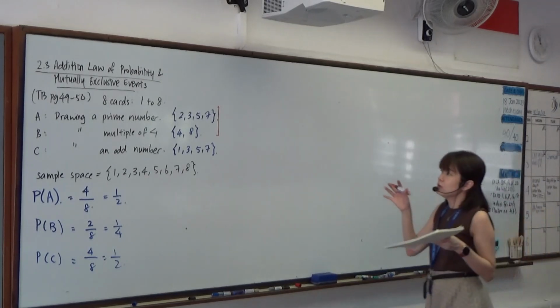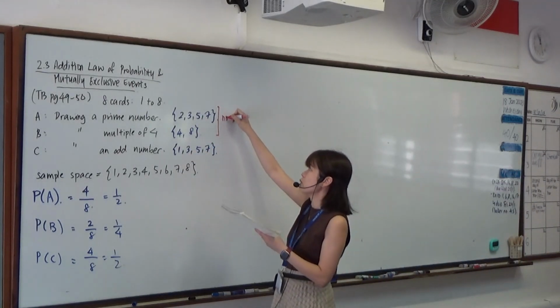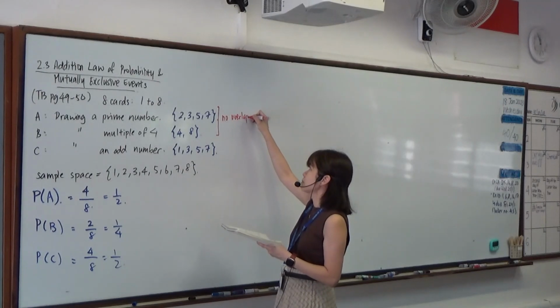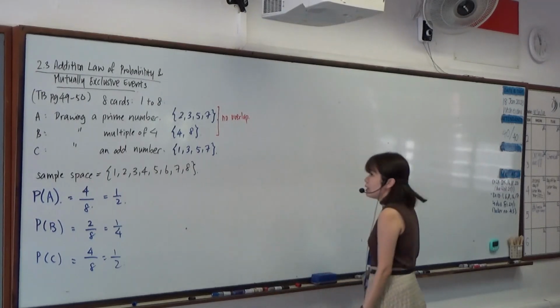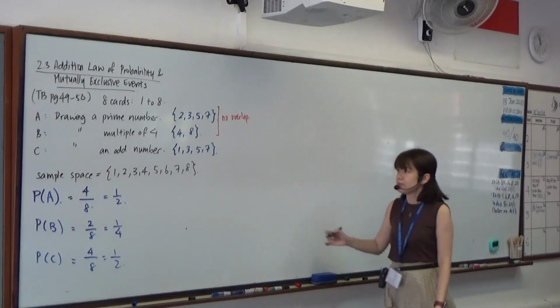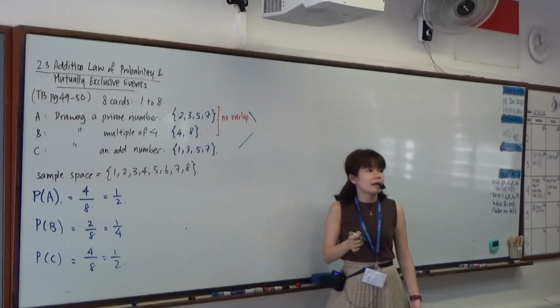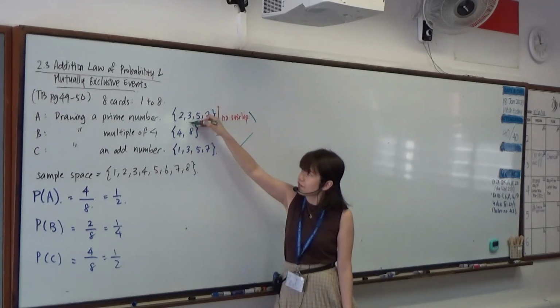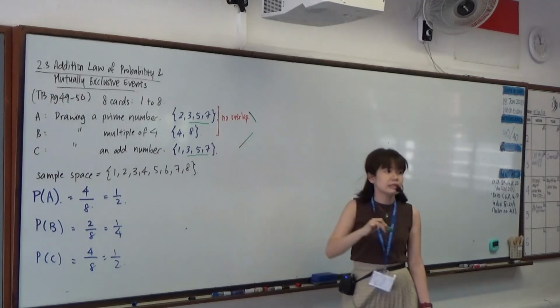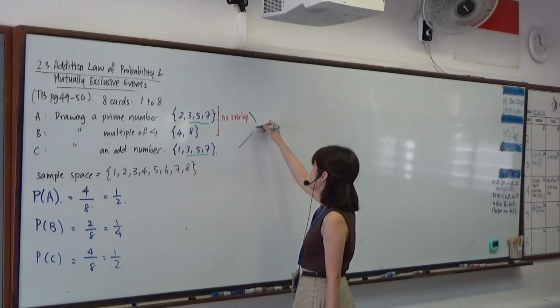So 2, 3, 5, 7 is not found here, 4 and 8 is not found here. So there's no overlap. Whereas if I were to compare A and C, I noticed that 3, 5, and 7 are common in the 2 sets. So there is overlap.